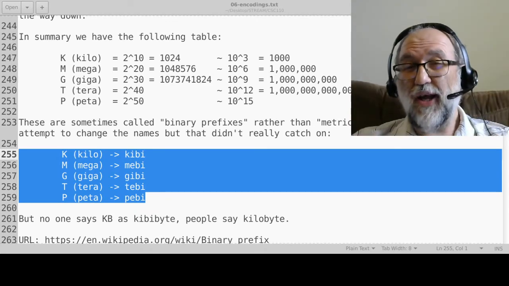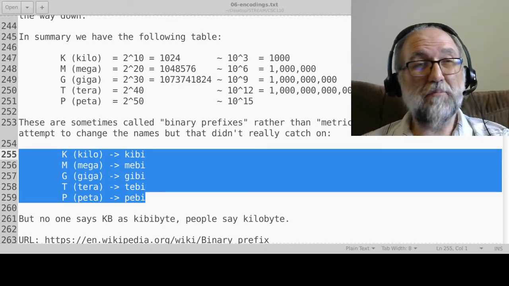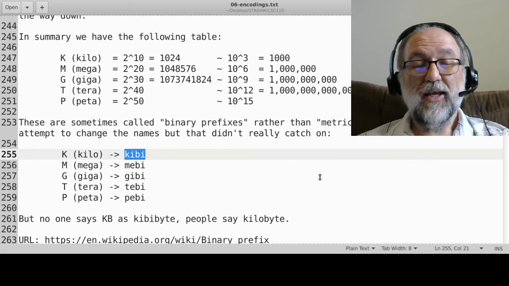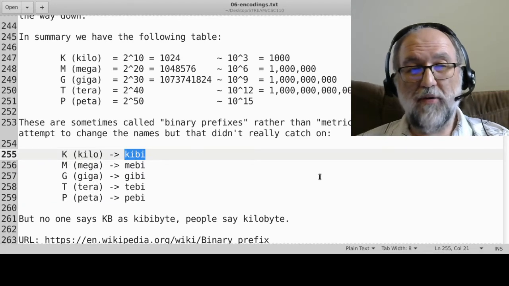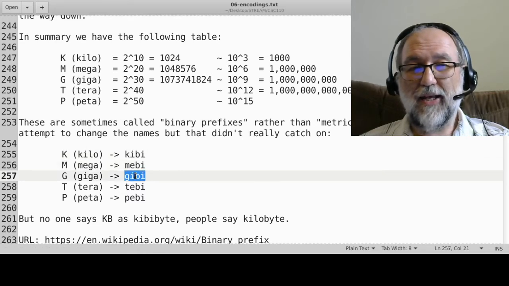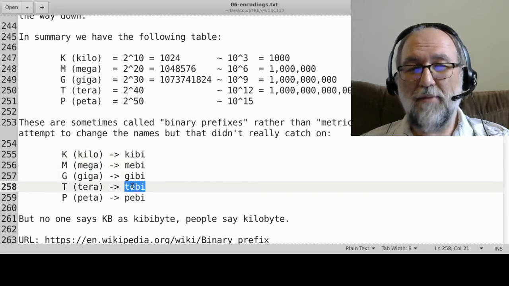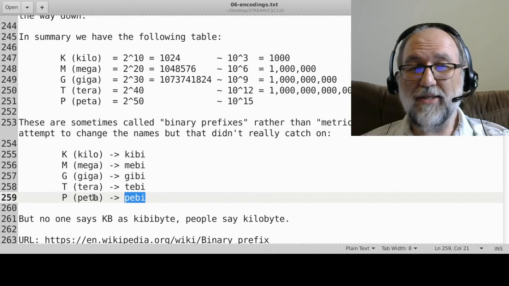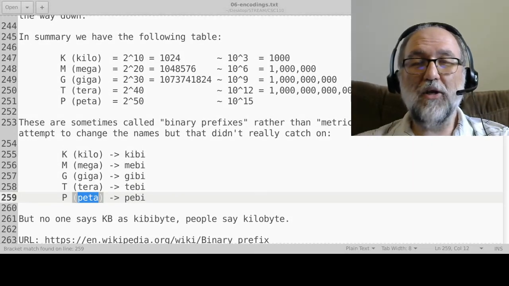We'd use kilo in the metric system, and they tried to get people to say kibi for binary prefixes, and mebi instead of mega, gibi instead of giga, tebi instead of tera, and pebi instead of peta. But you know what? It just didn't catch on.